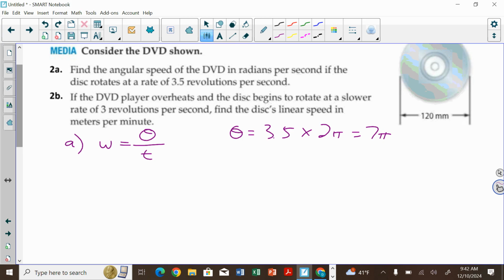And the time says per second here. So I can simply plug that in, and I'm going to get 7 pi per second, basically.